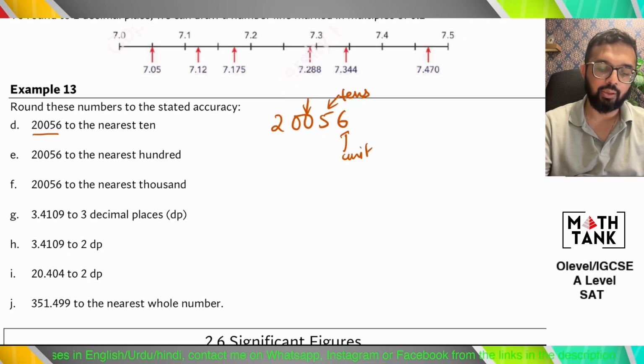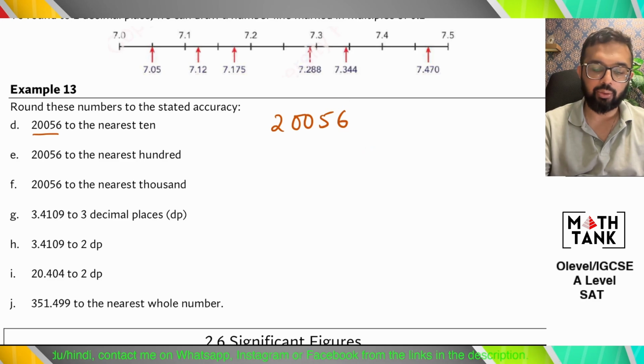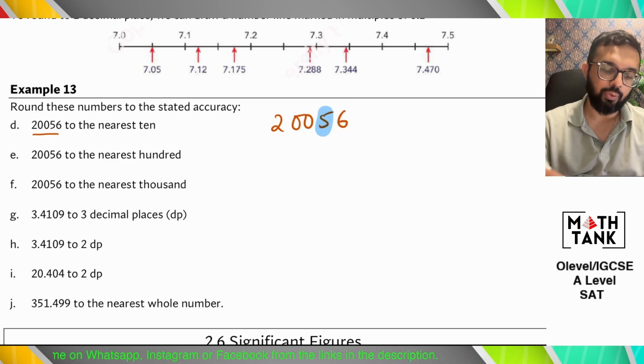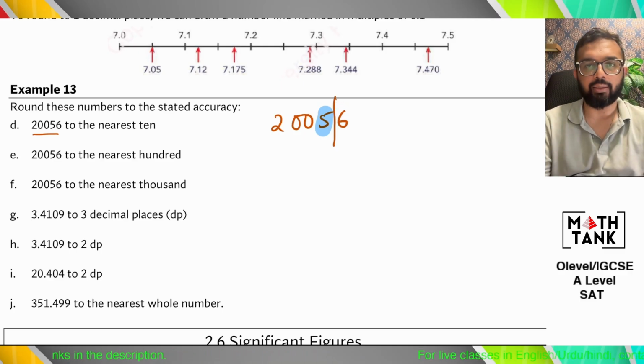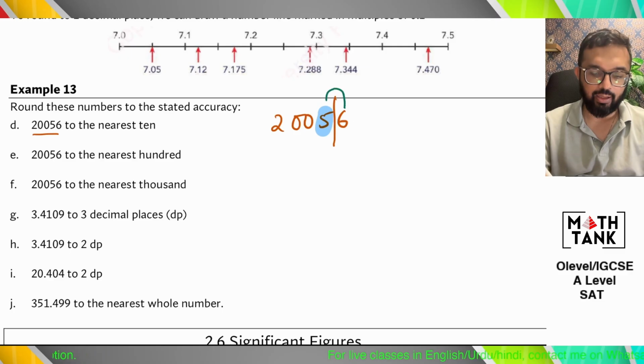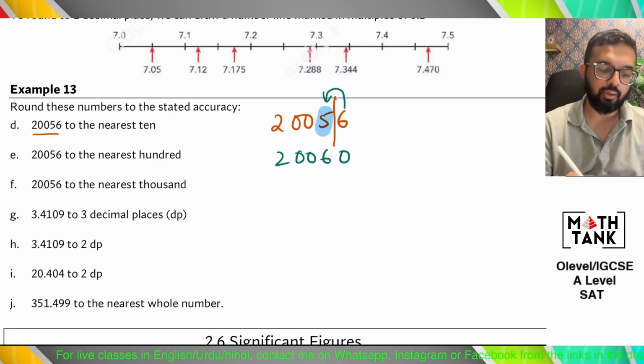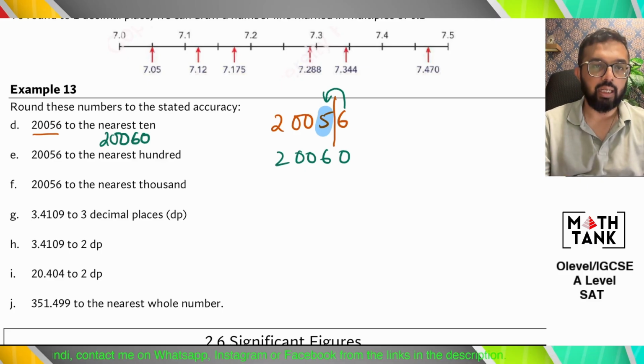Whenever you have to do this, you mark the digit that you want to round off to, and you draw a line after it. You decide whether the number after the line is greater than or less than 5. Since it's greater than 5, I'm going to add 1 and make this 0. So this is going to become 2060. That's to the nearest 10.